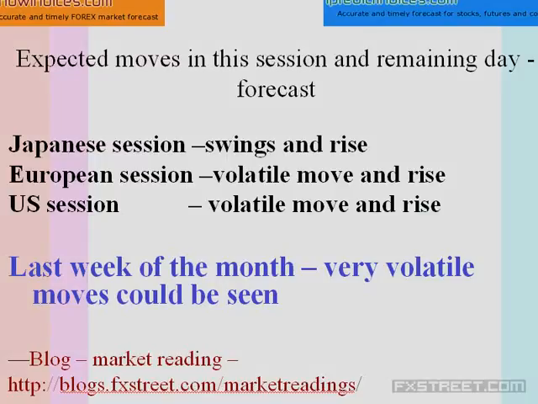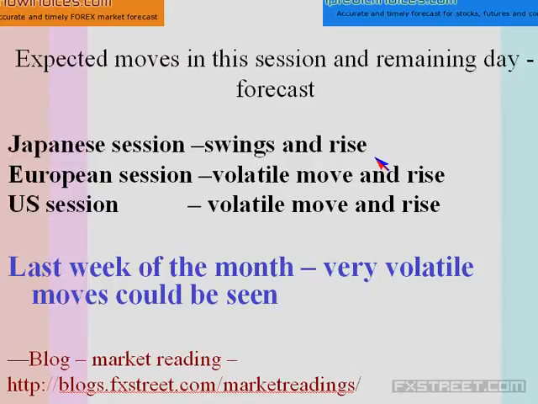Okay. The forecast for today: swing and rise during the Japanese session, and you come across in the live market quote page 1.4058. They are showing it in the bid. Ask is 1.4041. So this is how they signal it. So they wanted to rise more. Then European session, volatile moves and further rise. Then US session again, initial volatile moves and then rise.